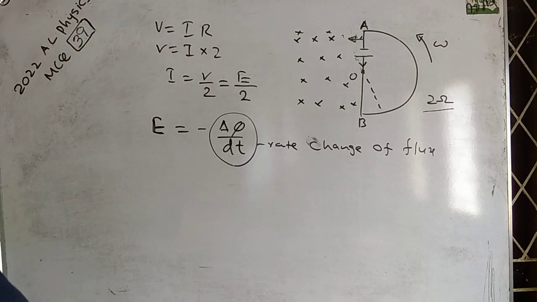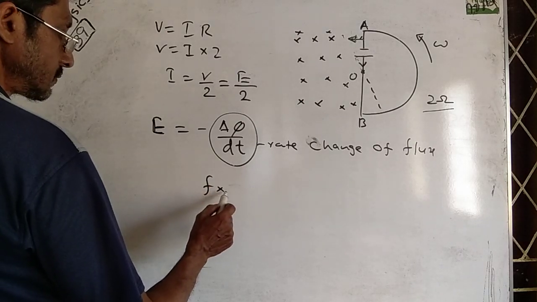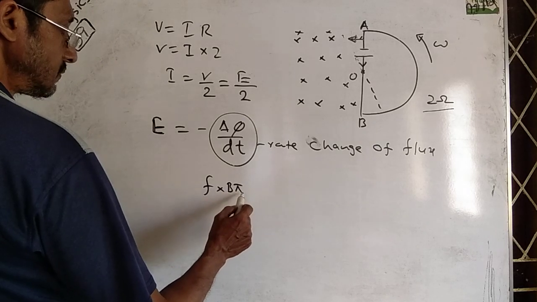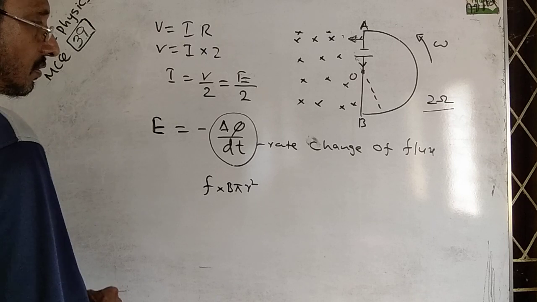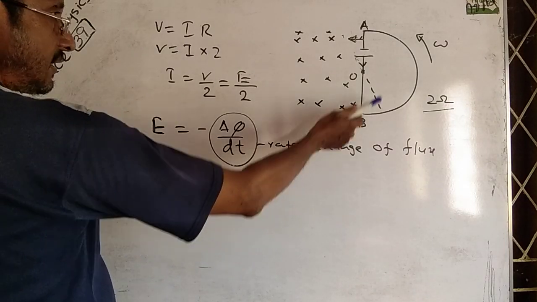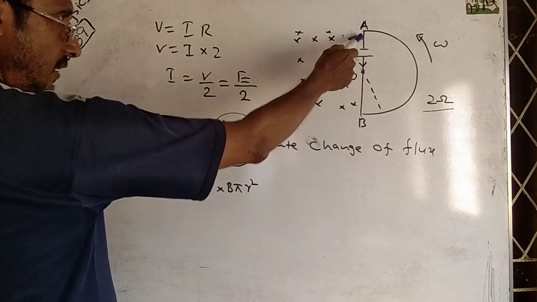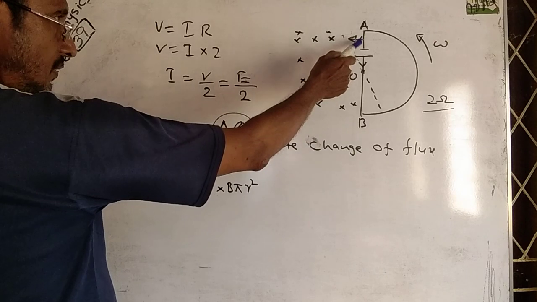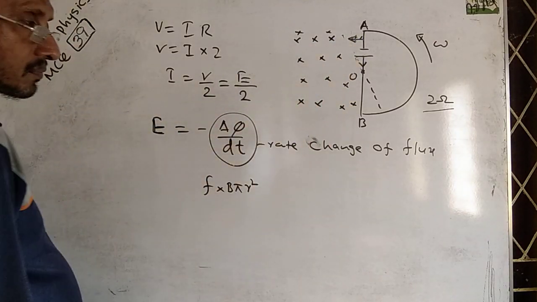The rate of change of flux is equal to f into B pi R squared. I consider through one cycle, any one of these two radii is in the magnetic field.